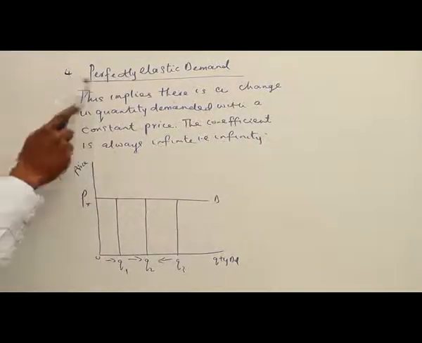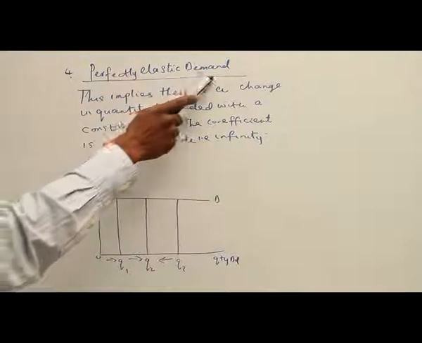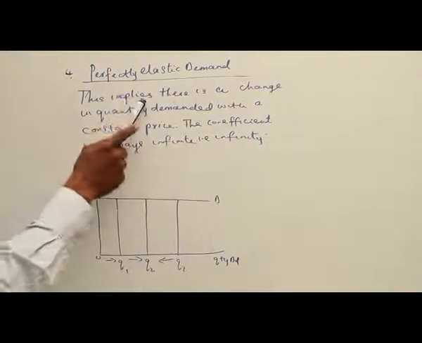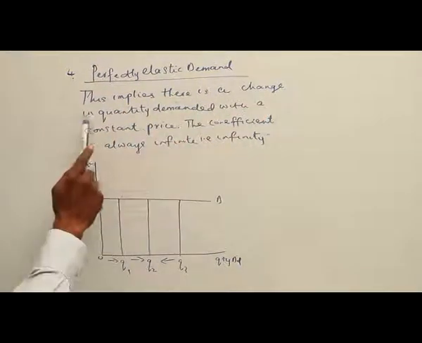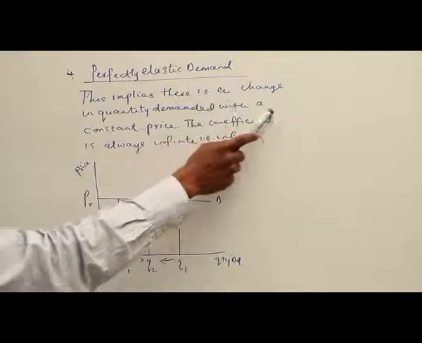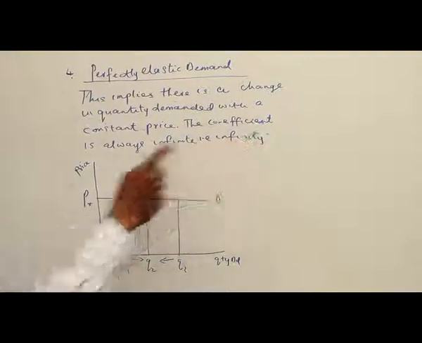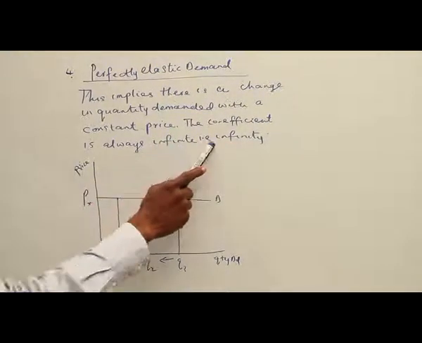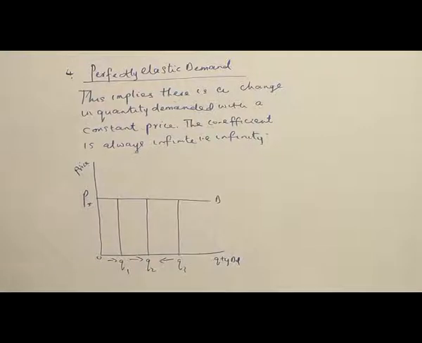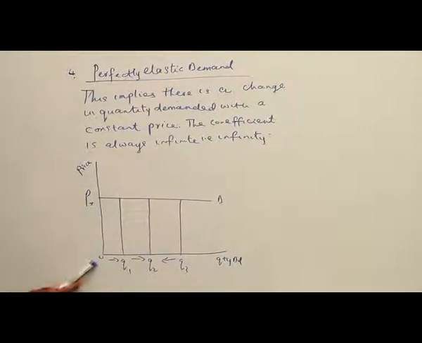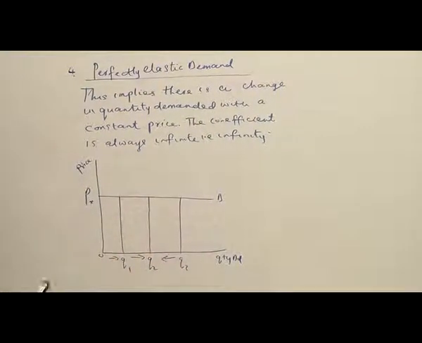Number 4, perfectly elastic demand. This implies there is a change in quantity demanded with a constant price. The coefficient is always infinite, that is infinity. Looking at the diagram before us, we can see the price axis, we can see the quantity axis.